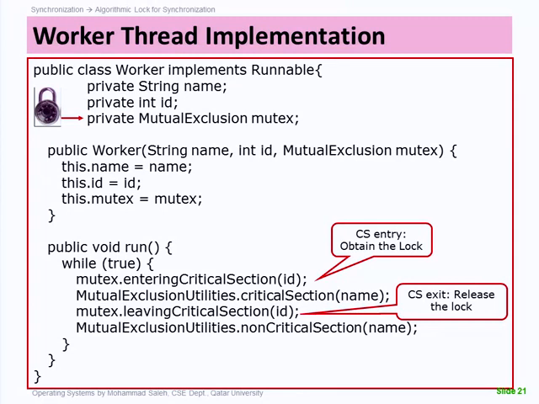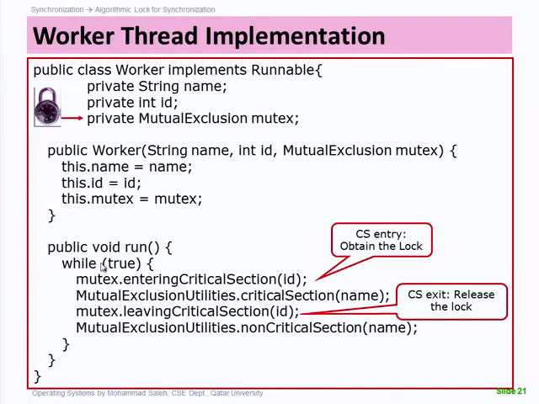To have clean code, we have a class called mutual exclusion utilities, with a method for the critical section and another for the non-critical section. What's the code of these methods? Sleep for a while: a random number, sleep. Even if you don't want this class, you can just have random sleep here, to model the critical section, and random sleep here, to model the non-critical section. Busy doing something. That's where you do the code.